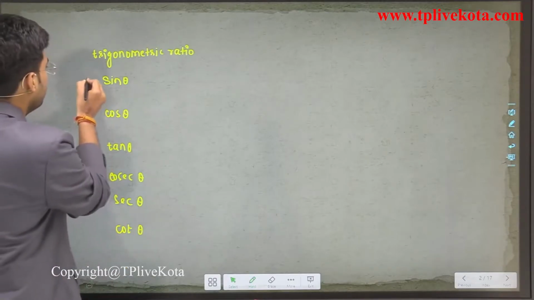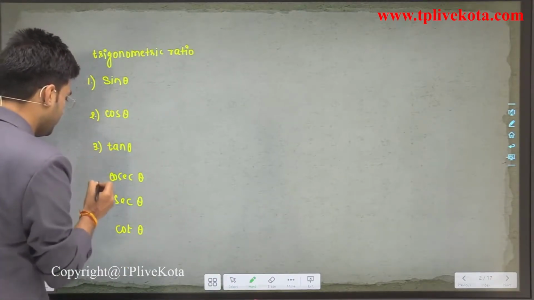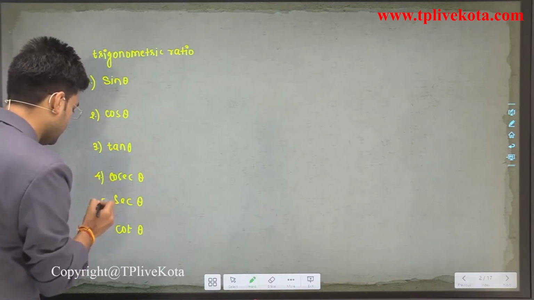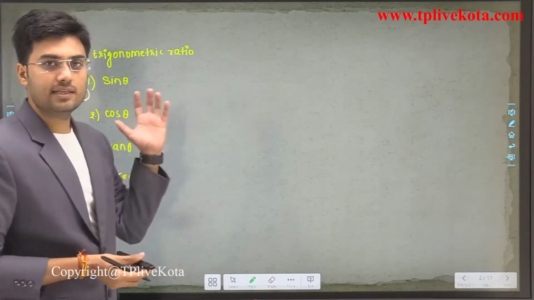These are the six trigonometric ratios. Okay, and how do we find these trigonometric ratios?